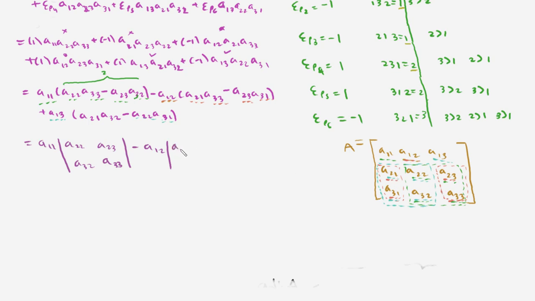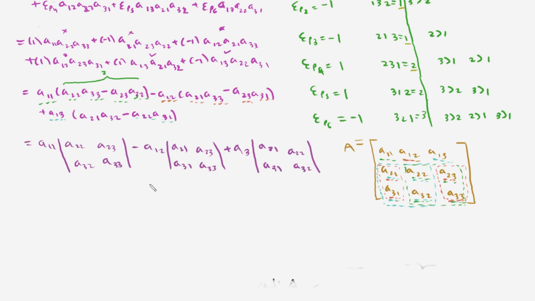So A21, A23, A31, A33, and A13. So if I eliminate the first row and the third column, it will reduce this matrix to these two determinants. So A21, A31, A22, A32.